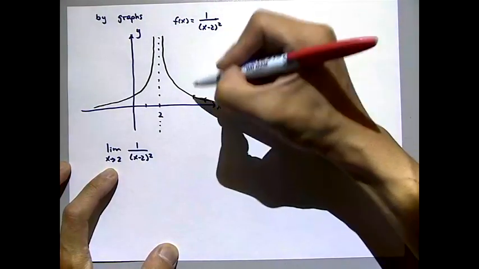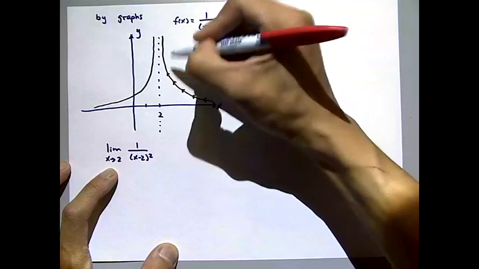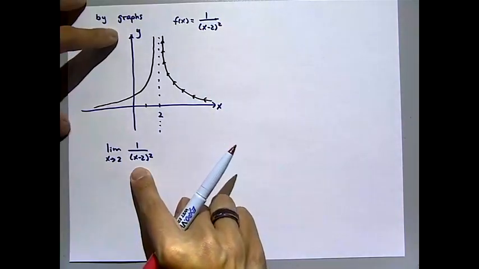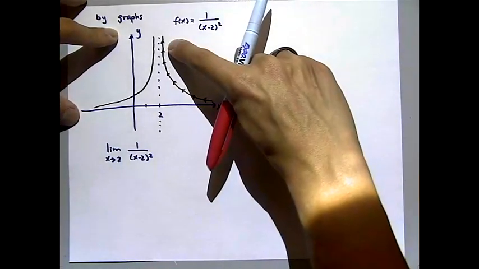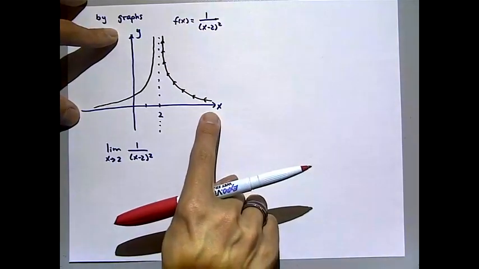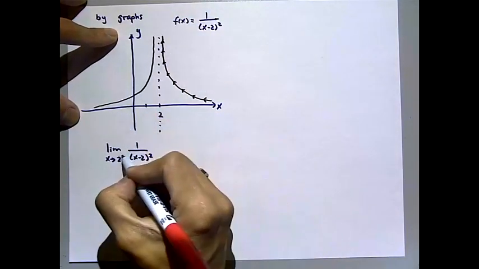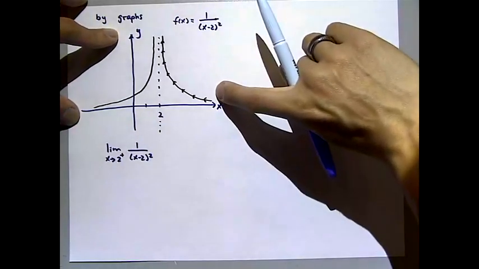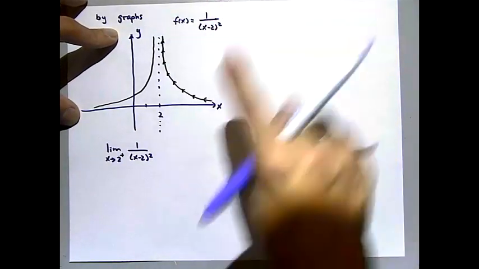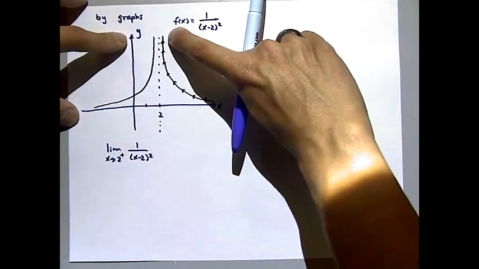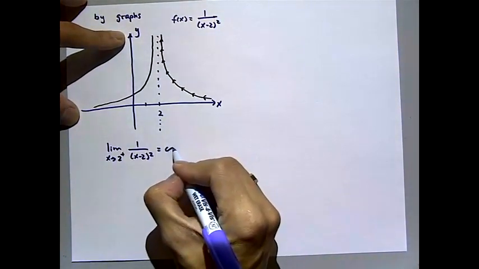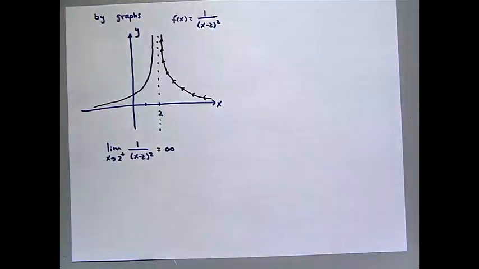You would just follow this path, making x as close to 2 as you can, and look at what y is doing. As I bring x closer and closer to 2, let's look at the right-hand side limit first, so 2 plus. If I make x as close to 2 as I want to, I see that it keeps making y, the f of x value, bigger and bigger, getting close to the asymptote. So for this function, we can say that the right-sided limit will be infinity.